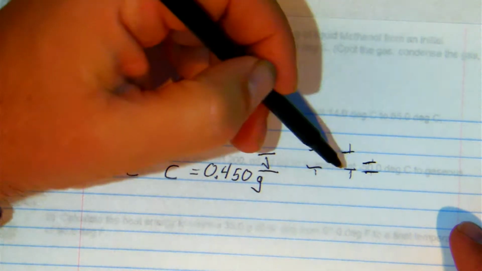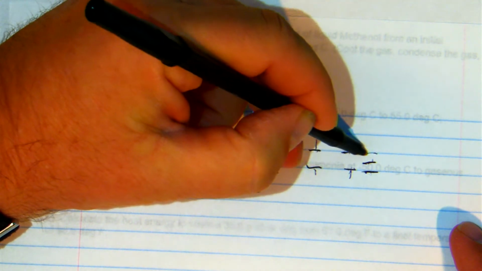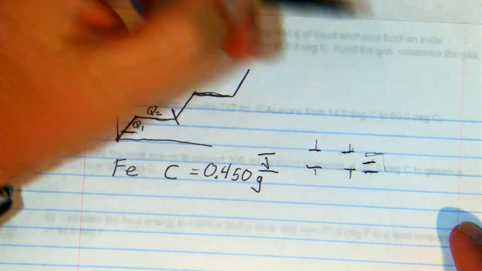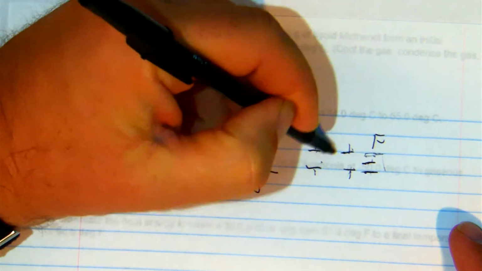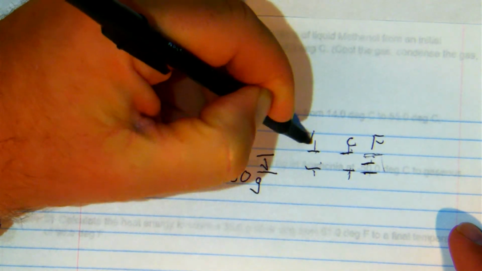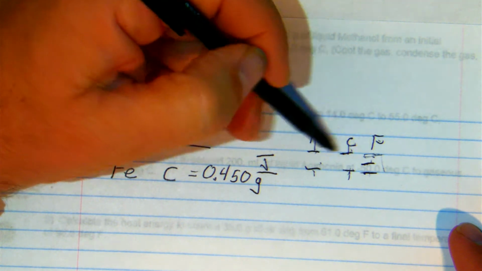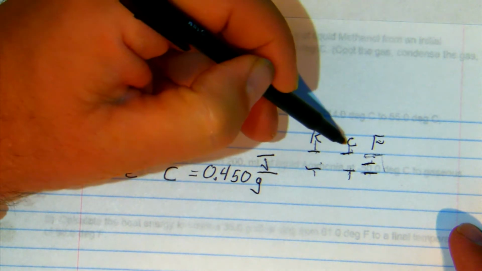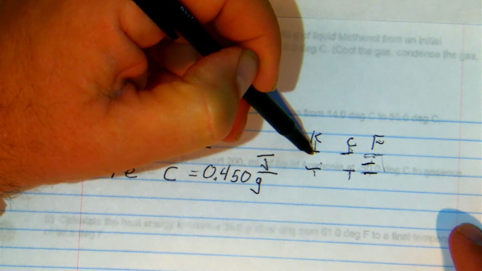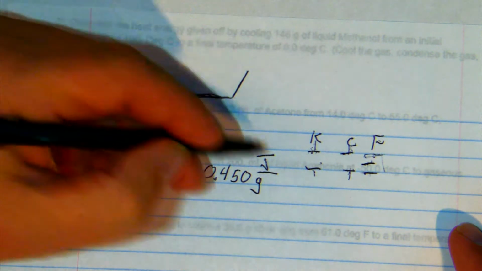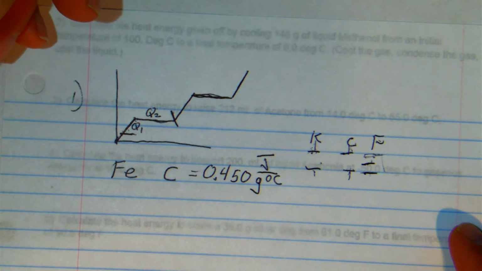Another way of putting it is to say a change of 1 degree Celsius is equivalent to a change of 1.8 degrees on the Fahrenheit scale. So the scales between Fahrenheit, Celsius, and Kelvin are different scales between Fahrenheit and either of these two. Same scale, just a different 0 point between Kelvin and degrees Celsius. So I'm going to write this as joules per gram per degree Celsius.